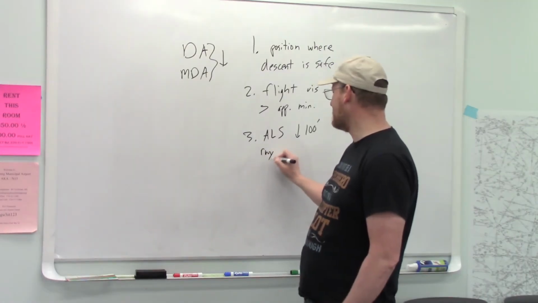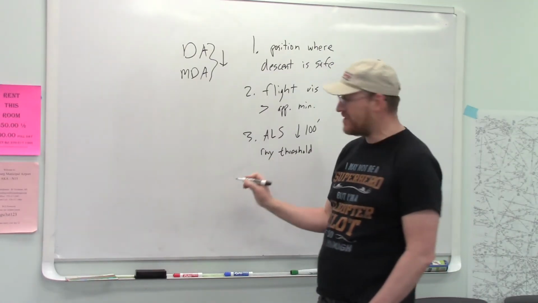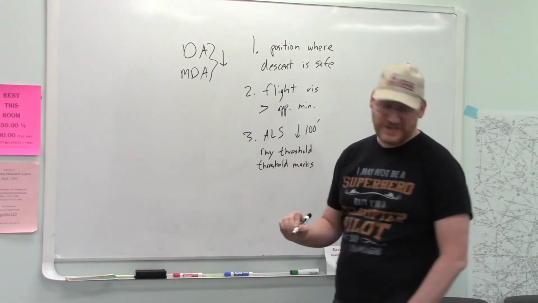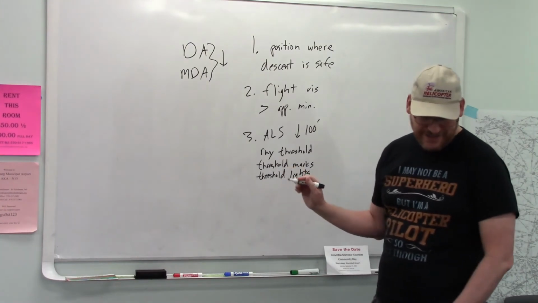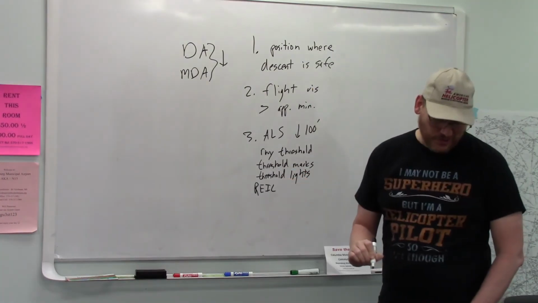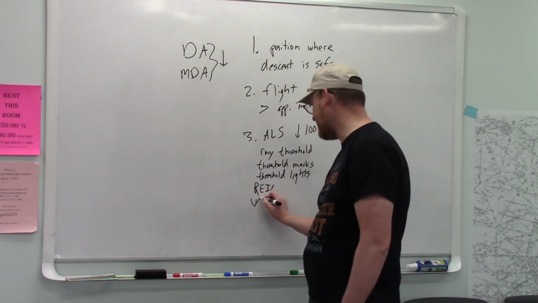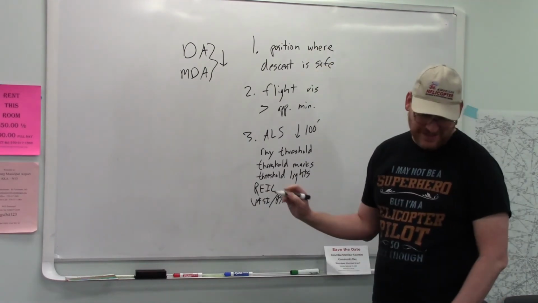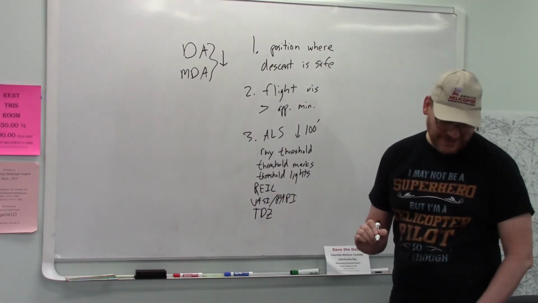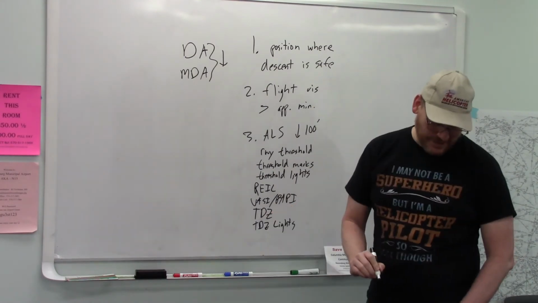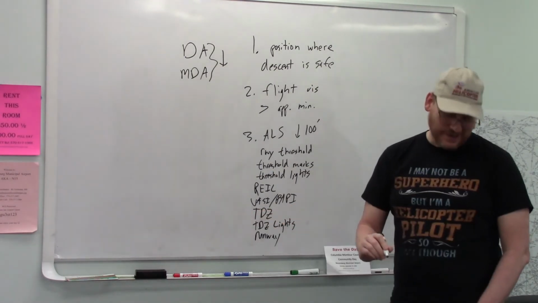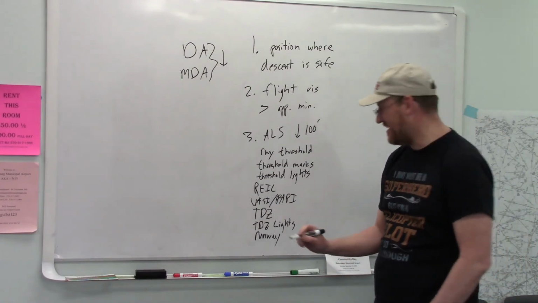Runway threshold, or threshold marks, or threshold lights, or end identifier lights, or the VASI, or PAPI, or touchdown zone marking, or touchdown zone lights, or runway, or finally runway lights.